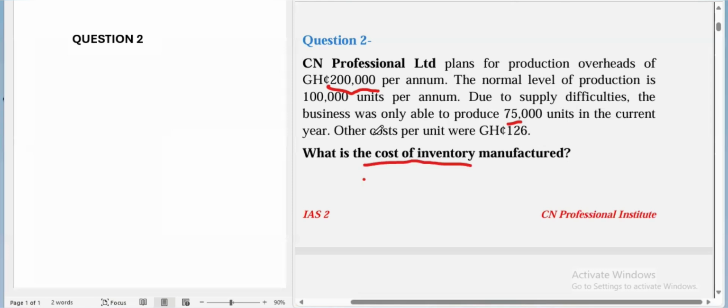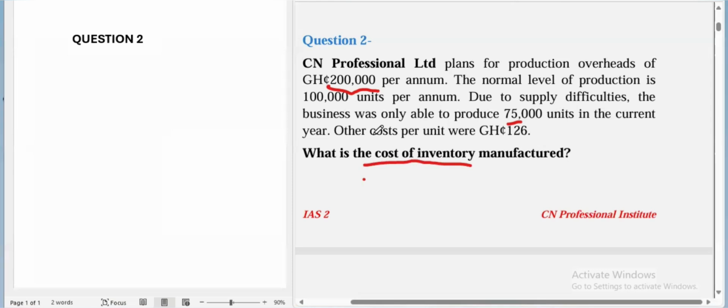So how are we going to get the cost of the inventory manufactured?